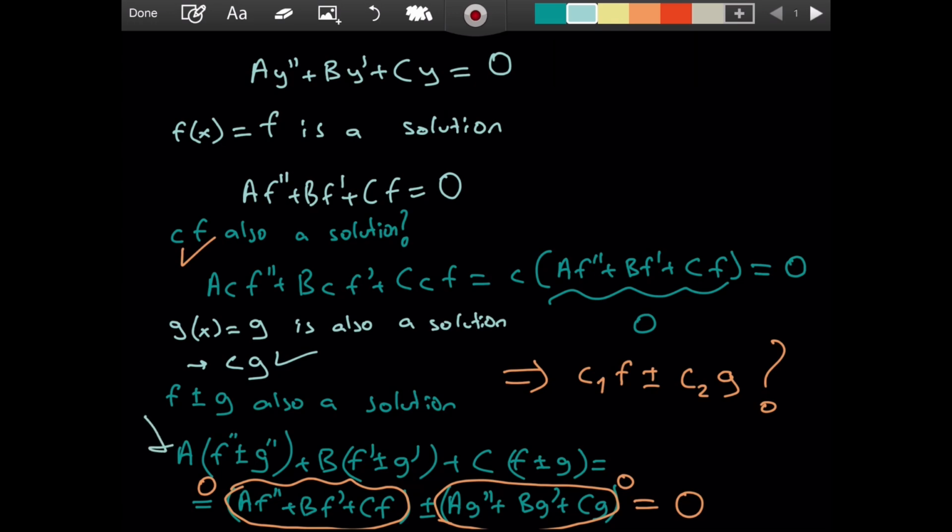If you look at the last example, the only thing that would change is that we would have a C1 here and a C2 here outside of the parentheses. And since this factor is already 0, no matter what this constant is, we will still get 0. So this will also satisfy the given differential equation, given that f and g are solutions to the second order linear homogeneous differential equation. Alright?